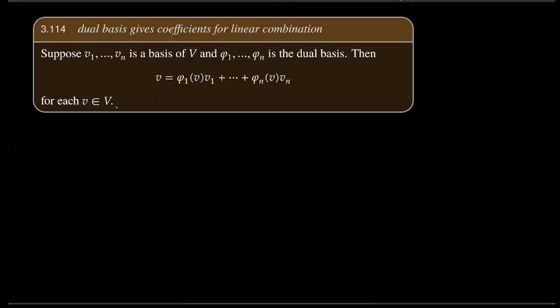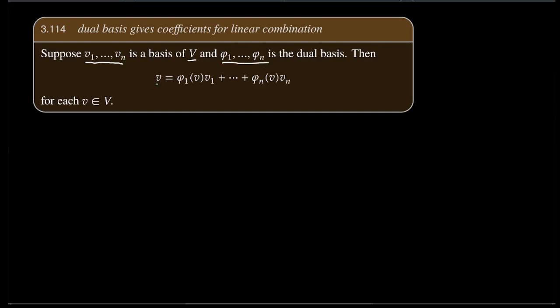All right, let me make the thing I just said a little bit clearer. In case it doesn't seem fully nice, let's formalize it into a result. Suppose v1 through vn is a basis for a vector space V. Necessarily then, V is finite dimensional and has dimension n. We can take its dual basis, phi1 through phi n.